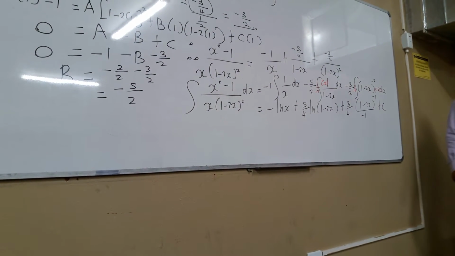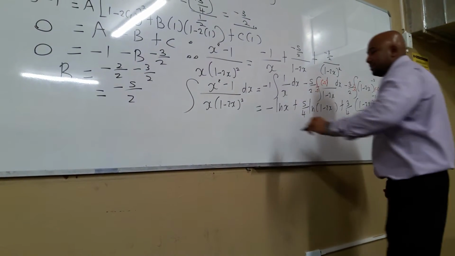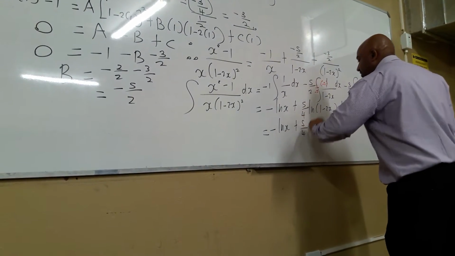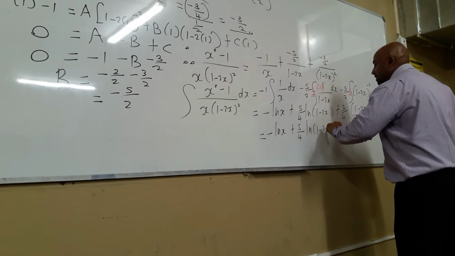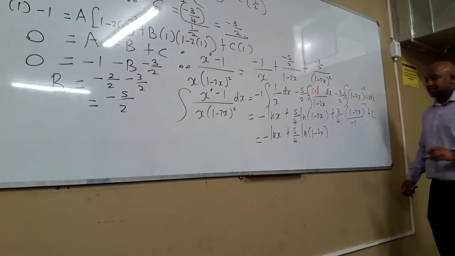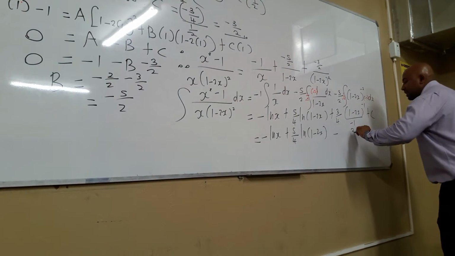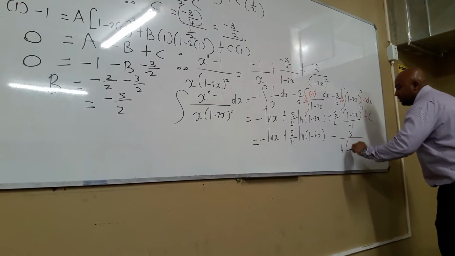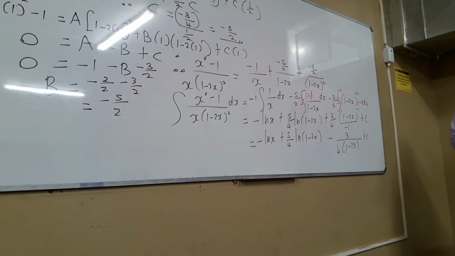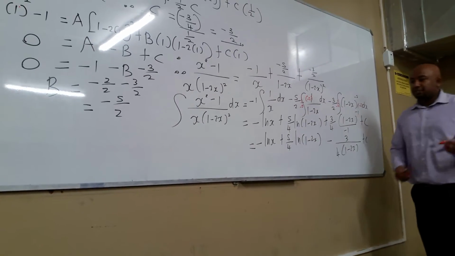Obviously this can be simplified further, so let me just go to the last step. Minus ln x plus 5 over 4 ln of 1 minus 2x. Positive times negative here. So that's minus 3 all divided by 4, and that's 1 minus 2x. I'm just simplifying. You got that using substitution?